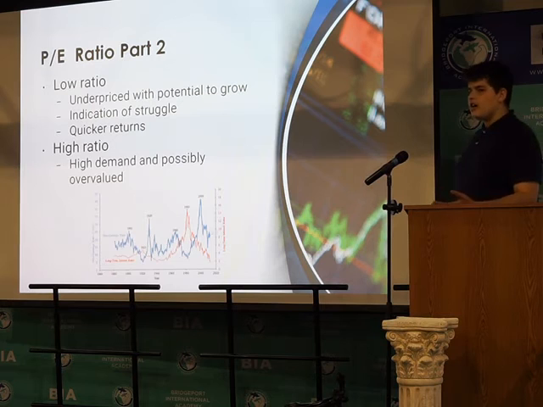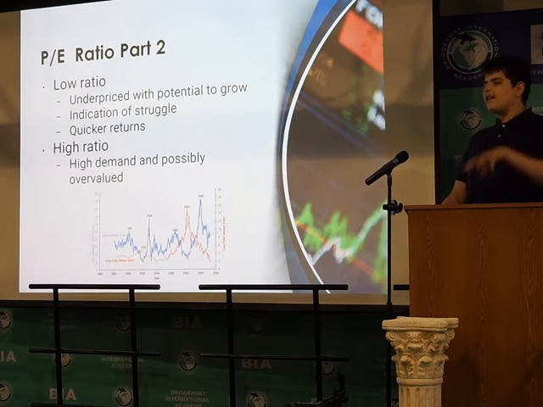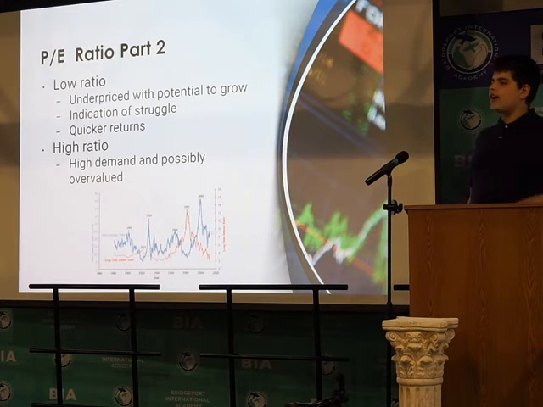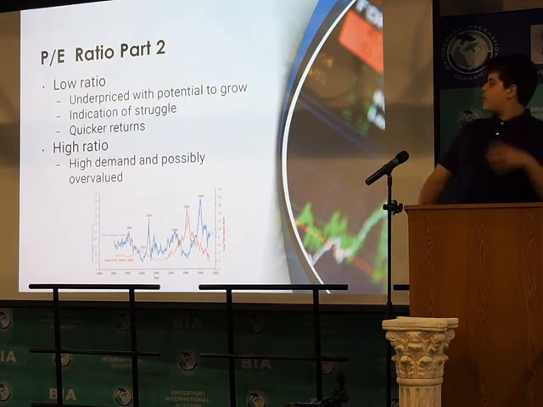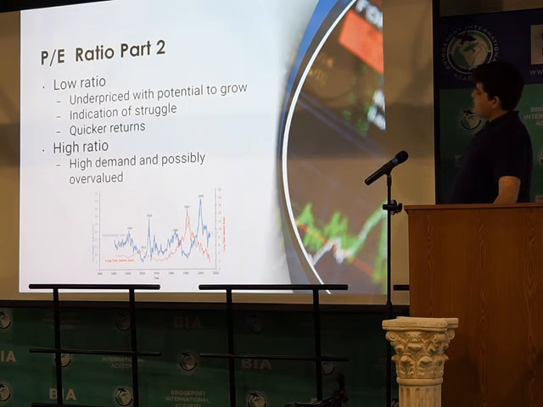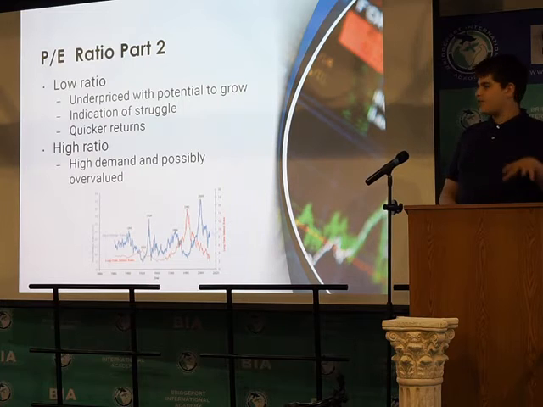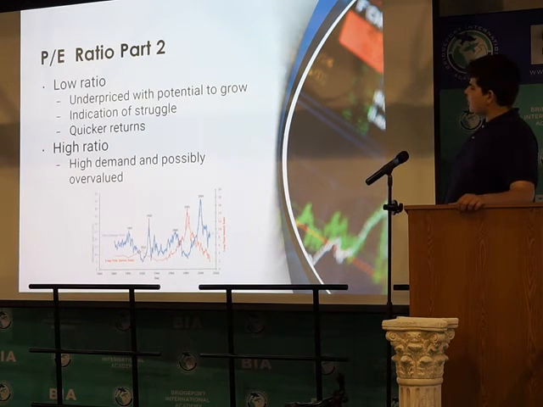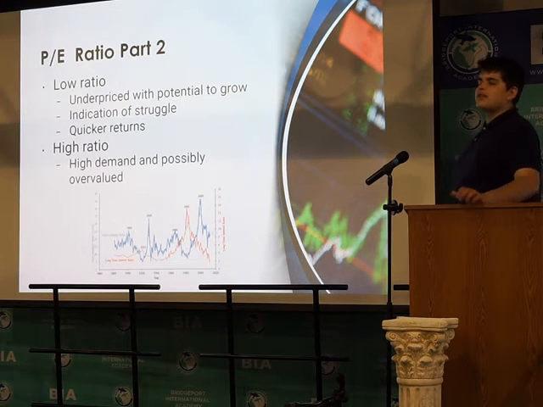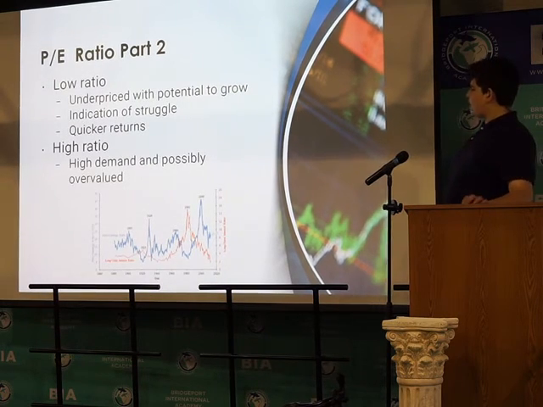Something like Tesla is, in my opinion, not a smart investment because it has a very high P/E ratio in the thousands, when most stocks are under 50, which means that it's possibly overvalued and it could crash. There's a lot of volatility and it could crash. A low ratio is better, but if you're looking at some companies that are in the same category, you want to be somewhere towards the middle range.